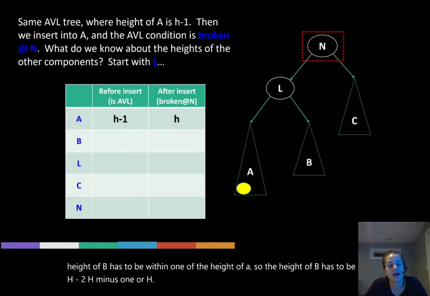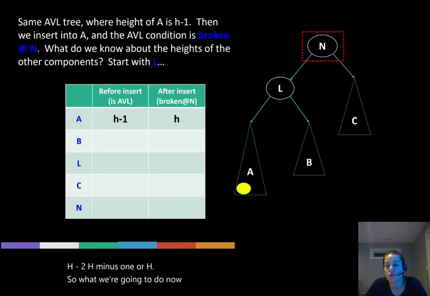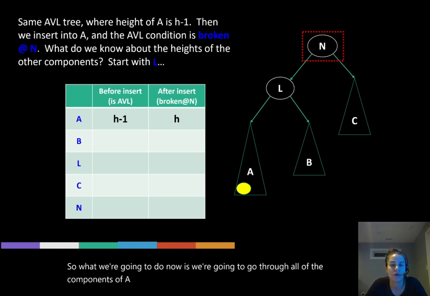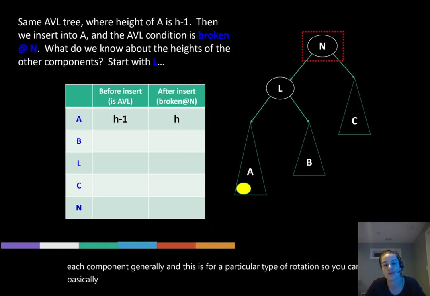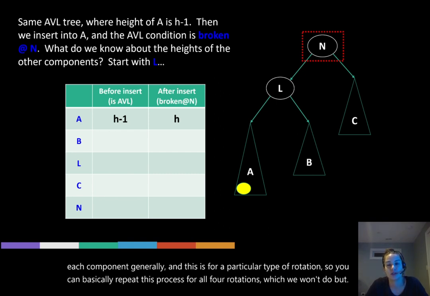So what we're going to do now is go through all of the components of a rotation, and determine what the heights are of each component generally. This is for a particular type of rotation, so you can basically repeat this process for all 4 rotations, which we won't do, but this will allow us to convince ourselves.